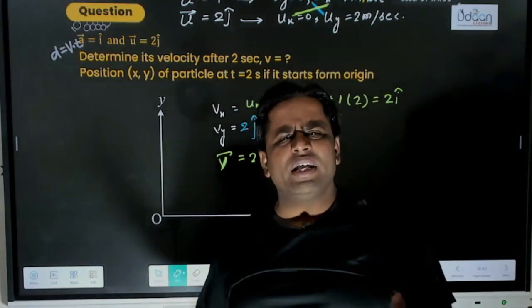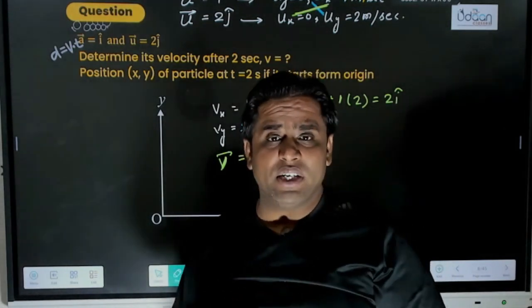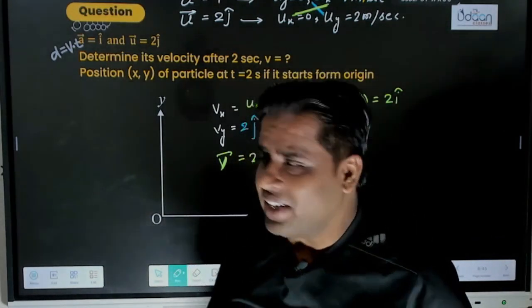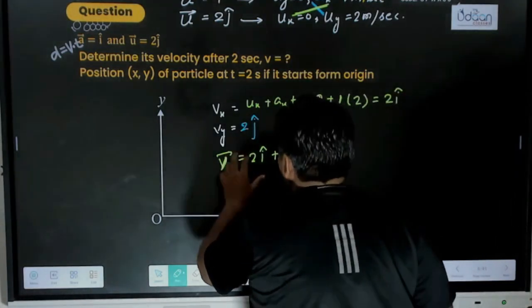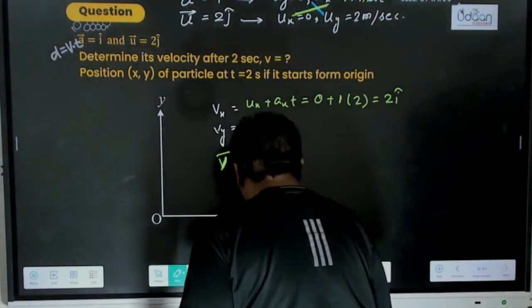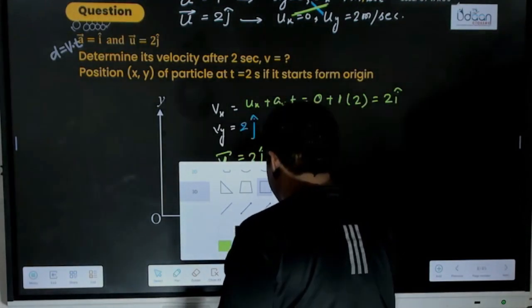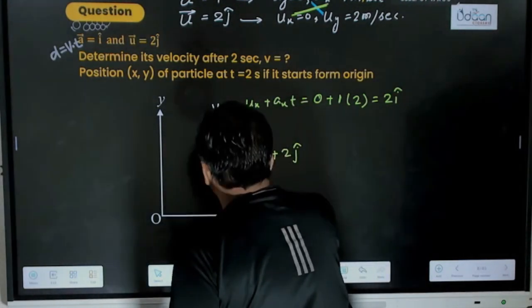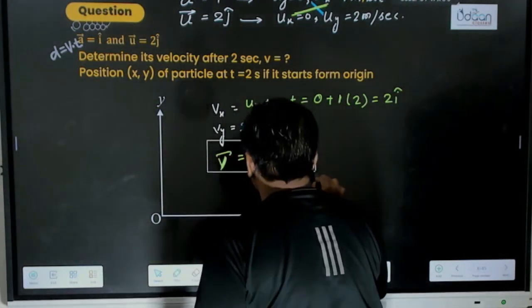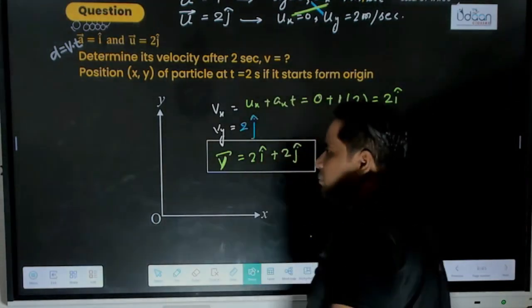Because we have already covered it in 1D motion. Isn't it? So here we have found the value of velocity vector, and let us give this particular condition a very respectful position. This is the respectful position I am giving you.